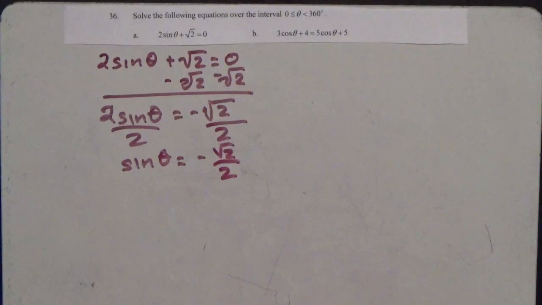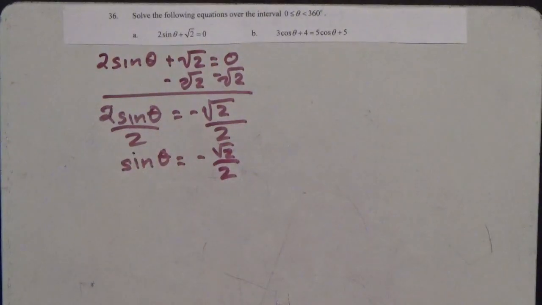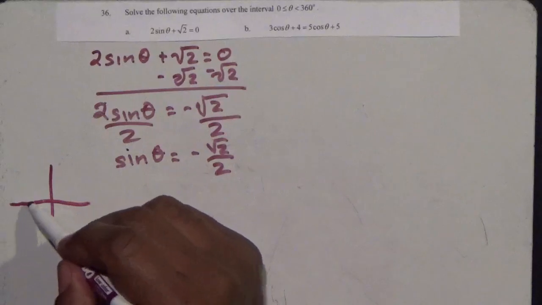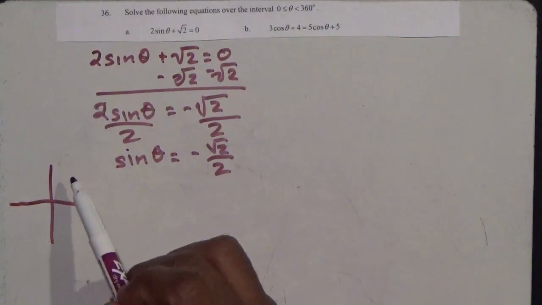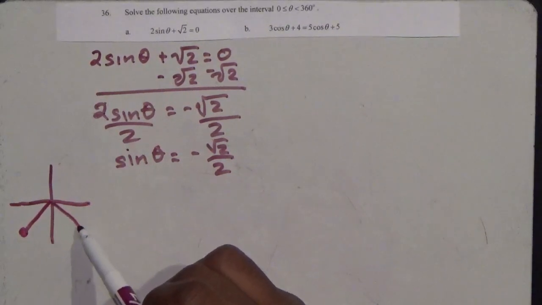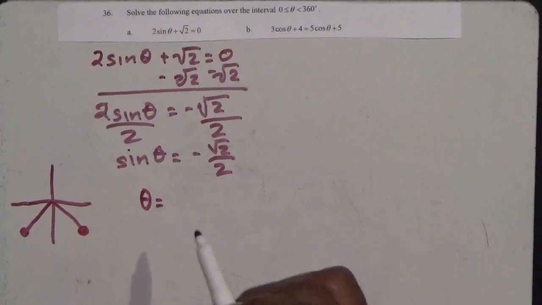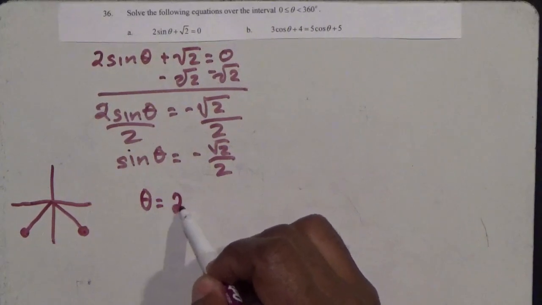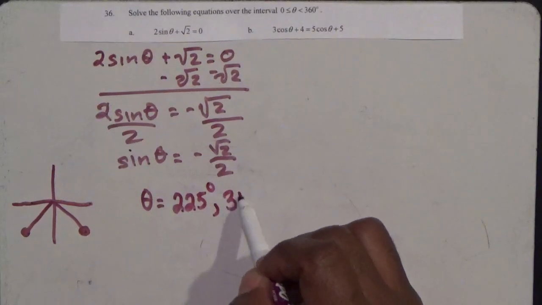If you look at your unit circle, hopefully you have one near you, we're looking for values where sine is equal to negative root 2 over 2. That's going to be here and here. Those two values are 225 and 315.